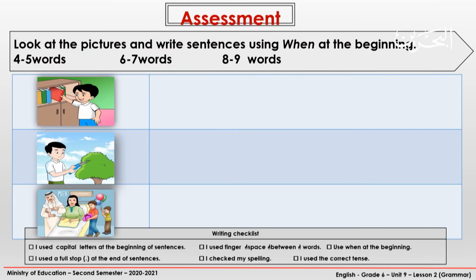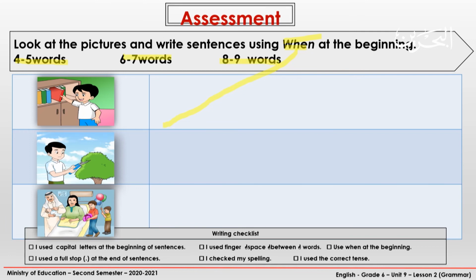Now look at the following pictures and write sentences using when at the beginning of the sentence. So I want the sentence to start with when. Remember, 4 to 5 words is 1 star, 6 to 7 is 2, 8 to 9 is 3.